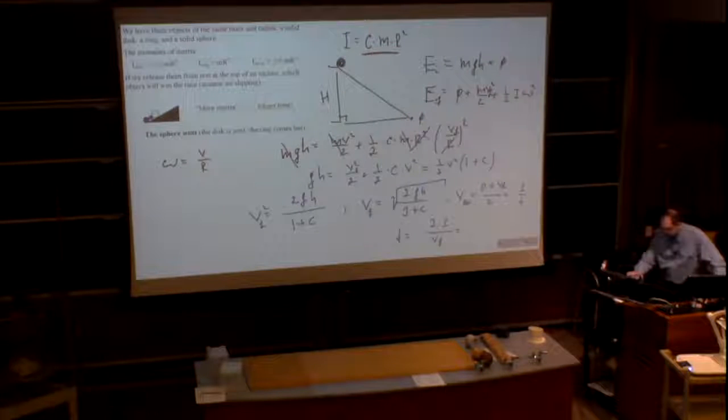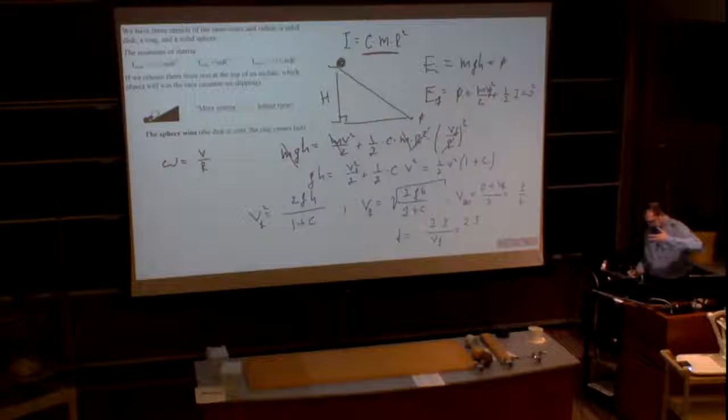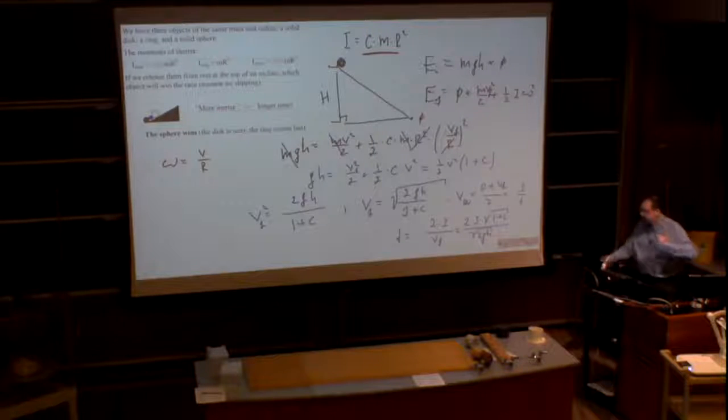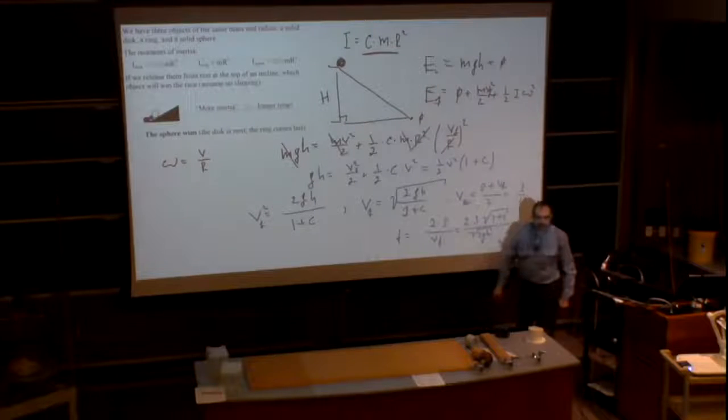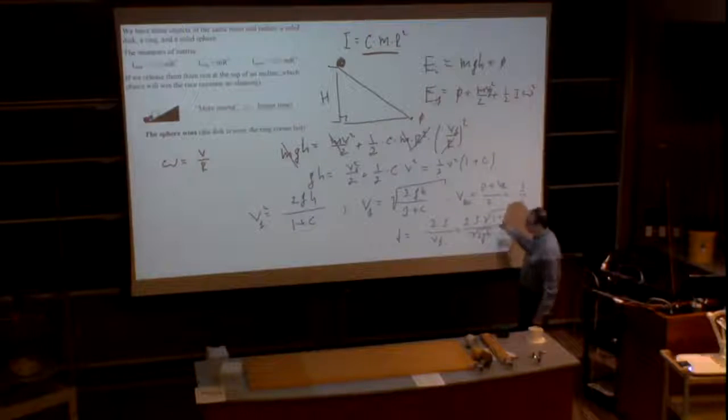Which leads us to 2 times distance, and we have to flip the fraction, so square root of 1 plus the form factor over square root of 2gh. And now we can see more inertia leads to more time. Less inertia, less time.